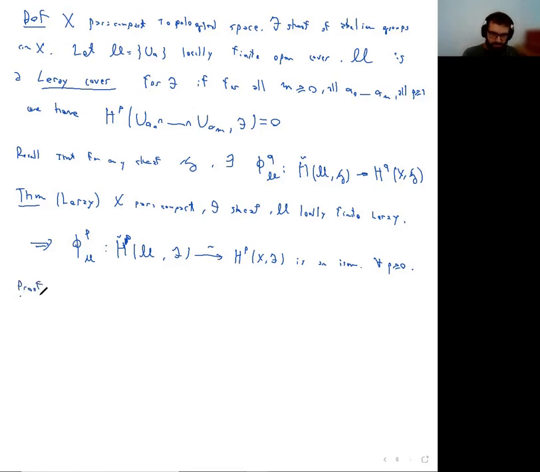So now, how do we prove this? We will still use the sheaf of discontinuous sections. And what we want to prove is that this cover is also Leray for Q0. So we want that U is Leray for Q0.